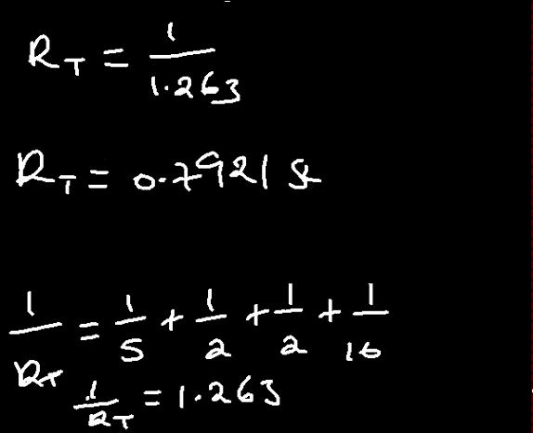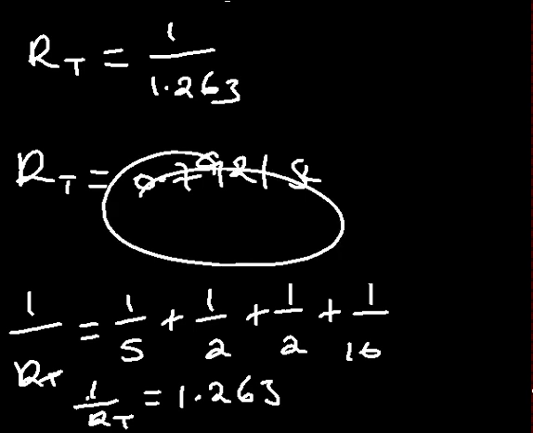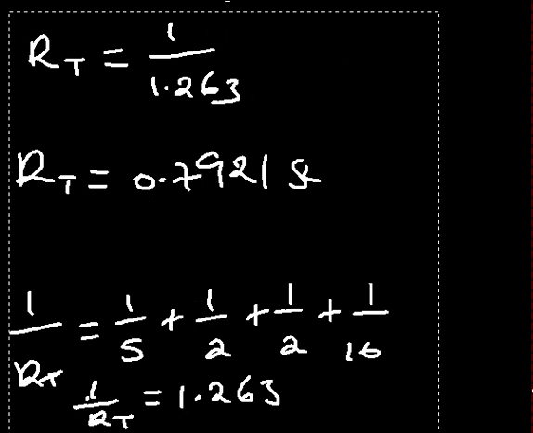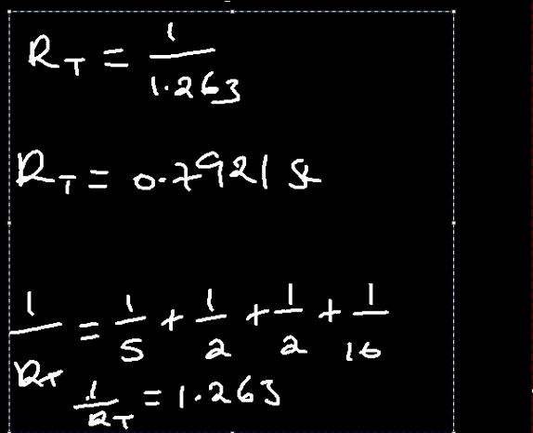So the more resistors are connected in parallel, the more the total resistance is decreased. At the same time, the power is increased for a parallel circuit.